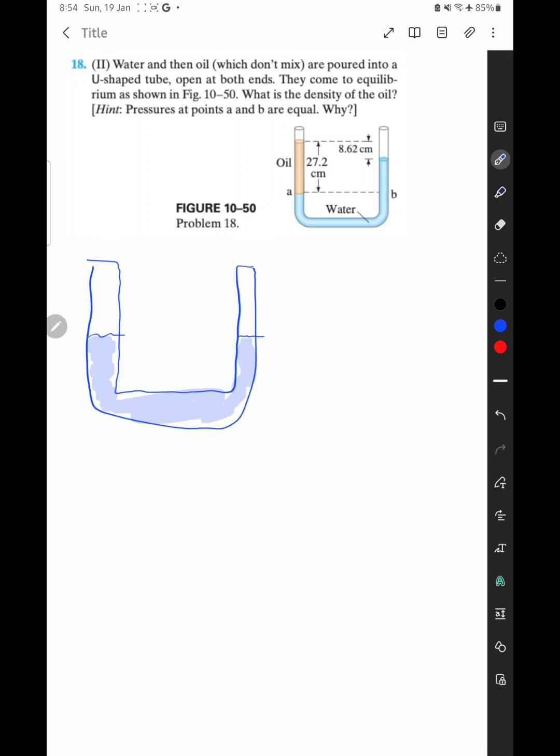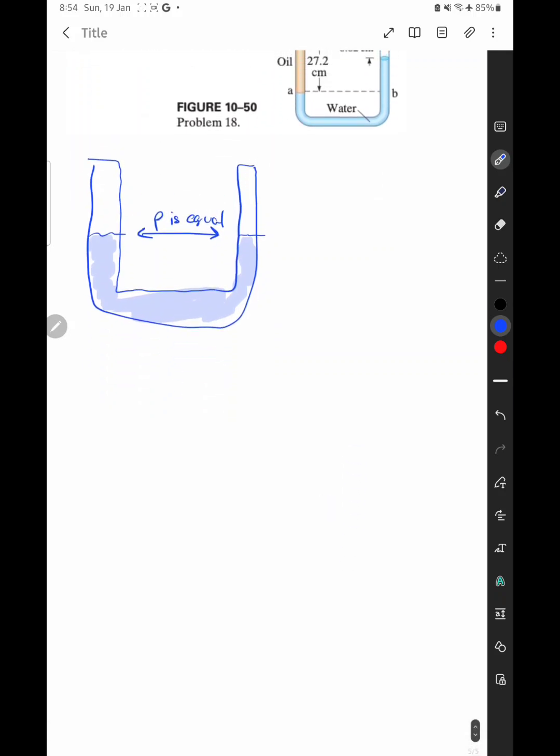So as long as both sides of this U-shaped pipe are open to the atmosphere, they've got to be at the same height, and at the same height, they will have the same amount of pressure.